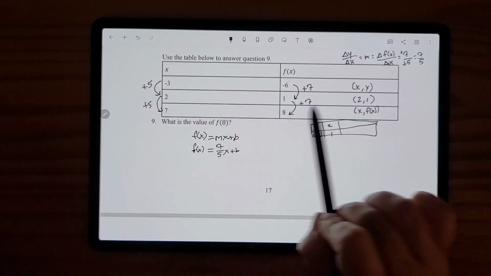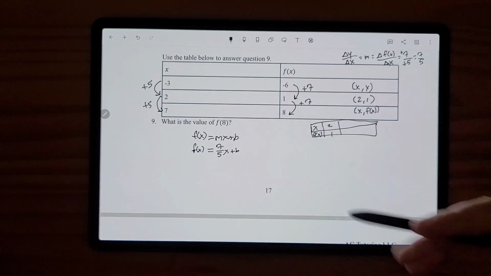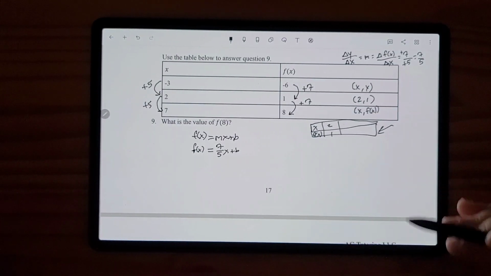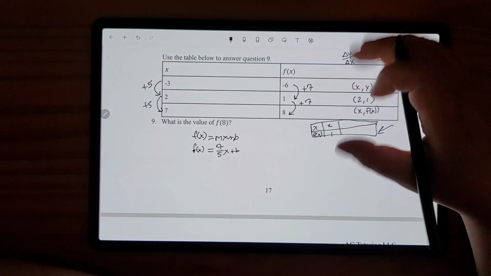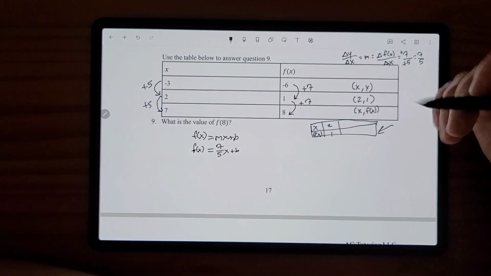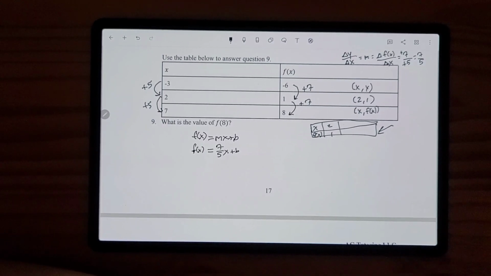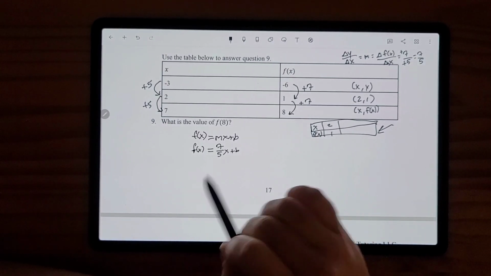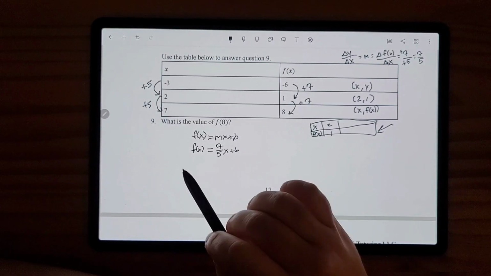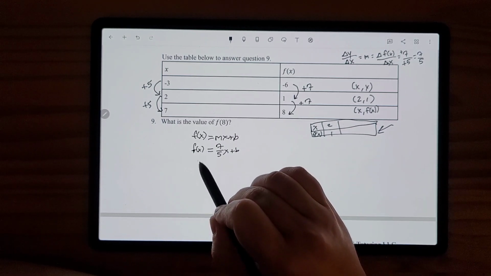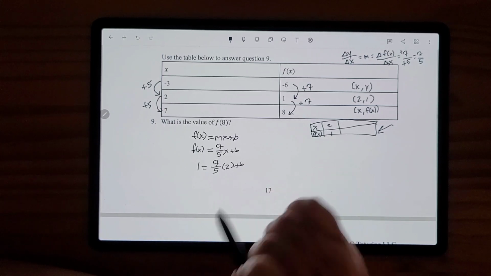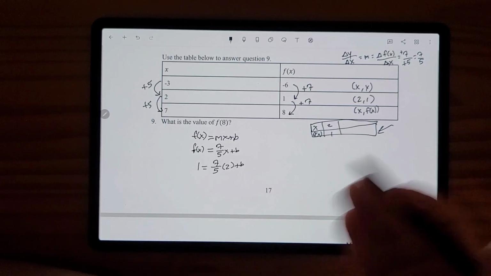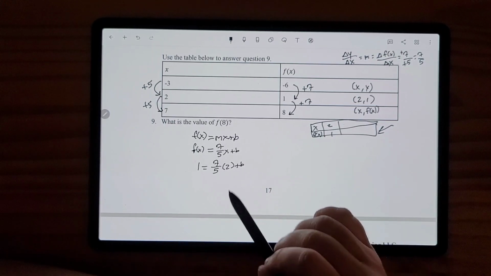You just have to make sure that the row matches or the column matches if it's written like this, to know that that's a point. That's an x and an f of x that go together. So I'm going to plug in 2 for my x and 1 for my f of x. And then you'll see I just have one unknown, b, which I can easily solve for.